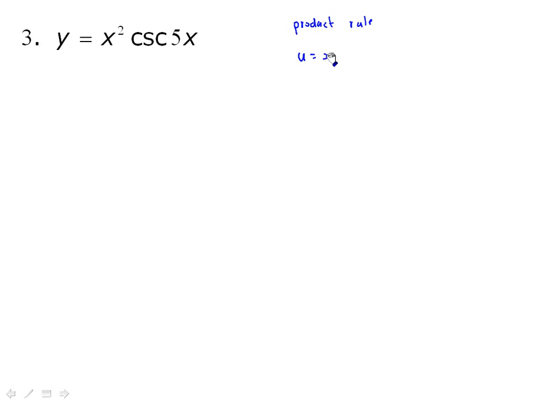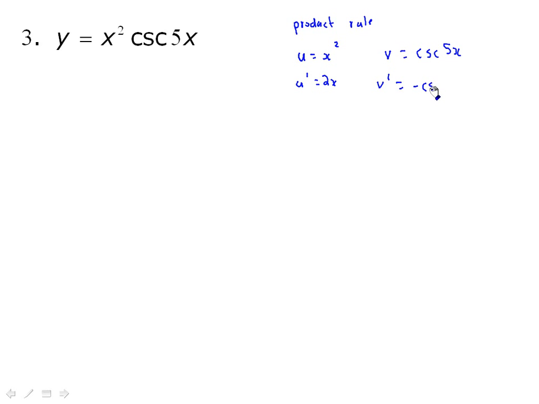Like u is equal to x squared, so u prime is equal to 2x. And then v is equal to cosecant of 5x. So we take a look at cosecant and how to differentiate that, and it becomes negative, according to what we see there, cosecant x cotangent x.